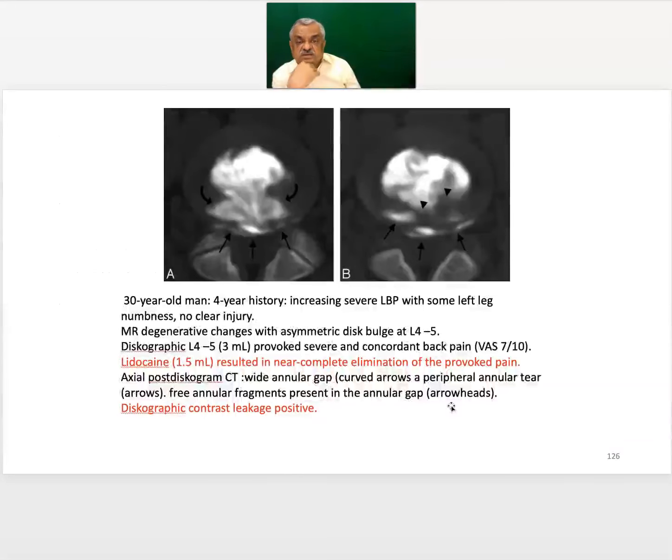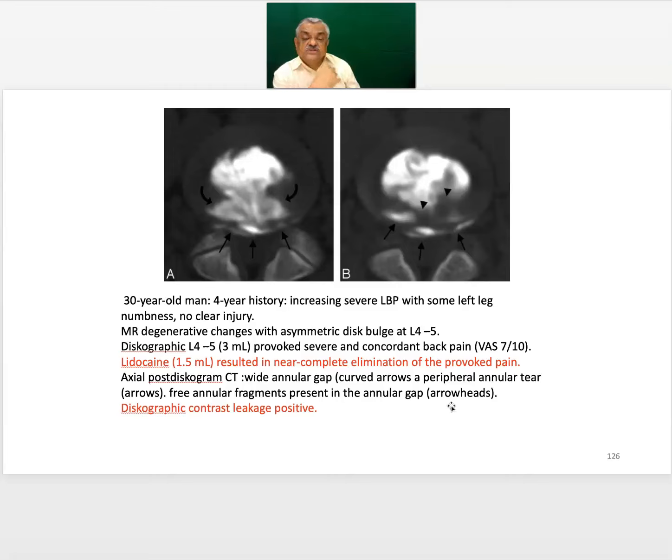Now here is a 30-year-old man, 4-year history of increasing severe low back pain with some left leg numbness. There is no injury. The MR shows degenerative changes with asymmetric disc bulges at 4-5. Now discography at 4-5, 3 ml could be injected. It provokes severe concordant back pain. Lignocaine resulted in near complete elimination of the provoked pain.